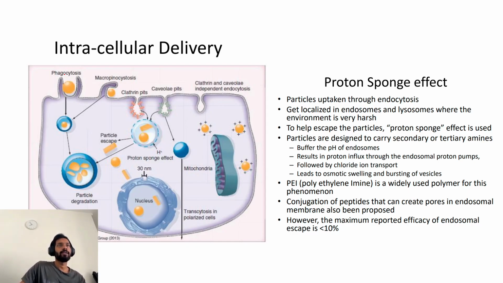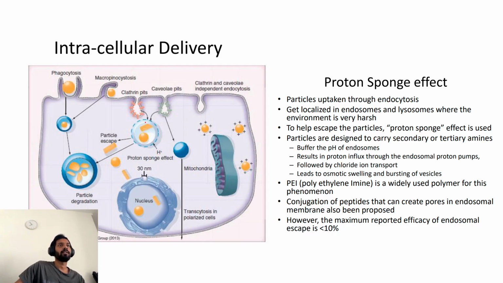These cells take up particles through phagocytosis, endocytosis, macropinocytosis, channel dependent transport and so on. But if a particle is taken up through phagocytosis or endocytosis, it'll end up in the endosomes, and eventually be routed to the lysosomes.